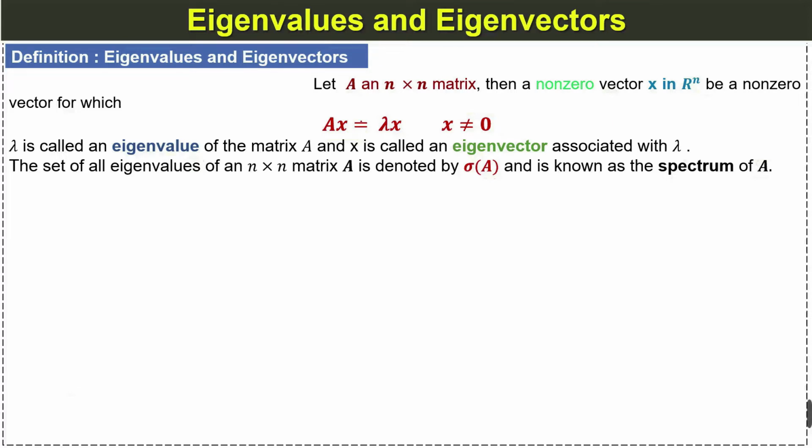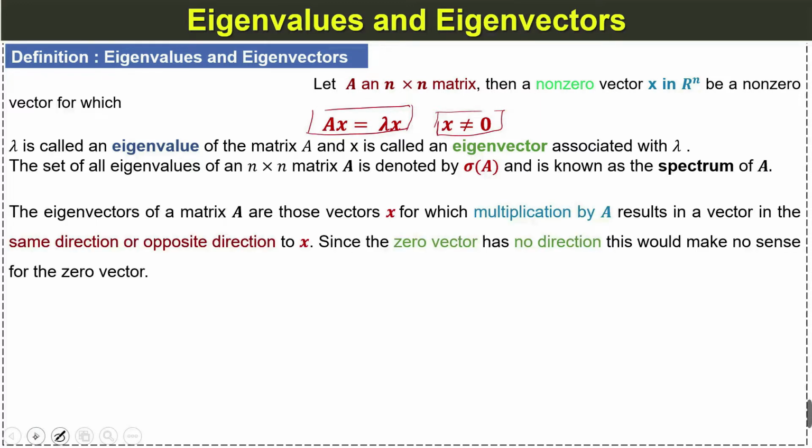Here we have studied that this one is the operation and the vector x cannot be equal to 0 in any case. Okay, so the eigenvectors of the matrix A are those vectors x for which the multiplication by A results in a vector.